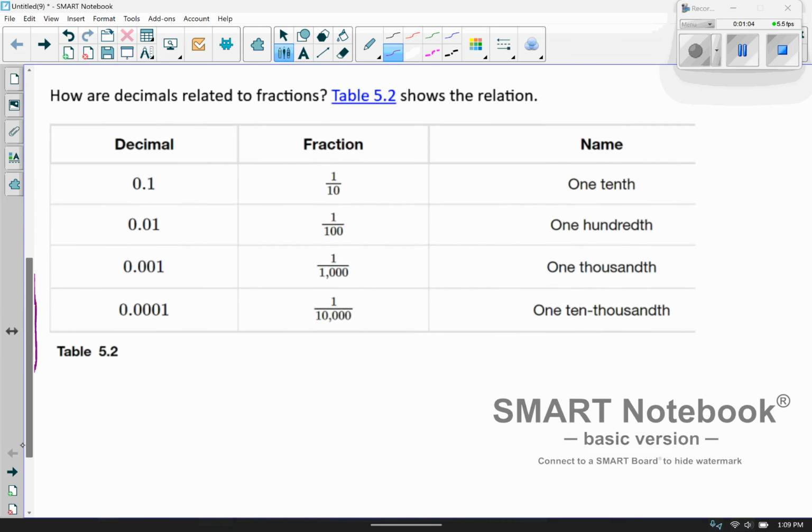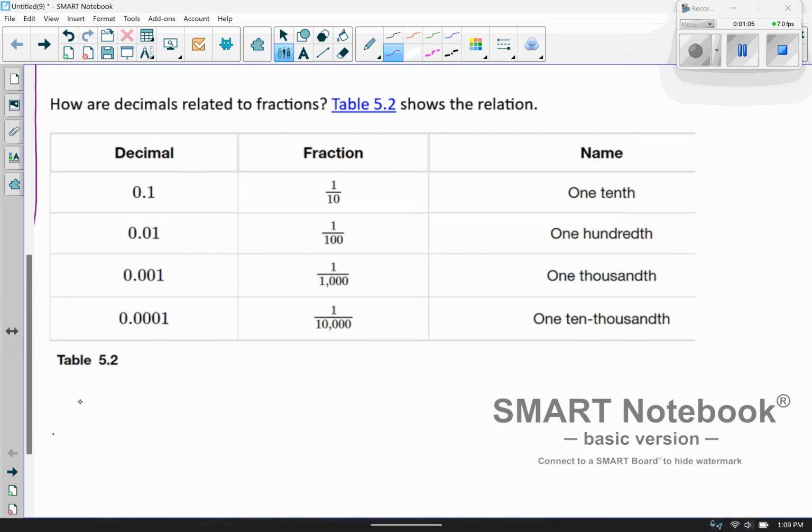So how are decimals related to fractions? Once again, if we look at our ones place right here, this would be our one. If we divide by 10, it's going to shift that decimal place to the right this time. Now we're at 0.1, or as a fraction, 1/10. Then if you divide by 10 again, as a decimal it will be written as 0.01.